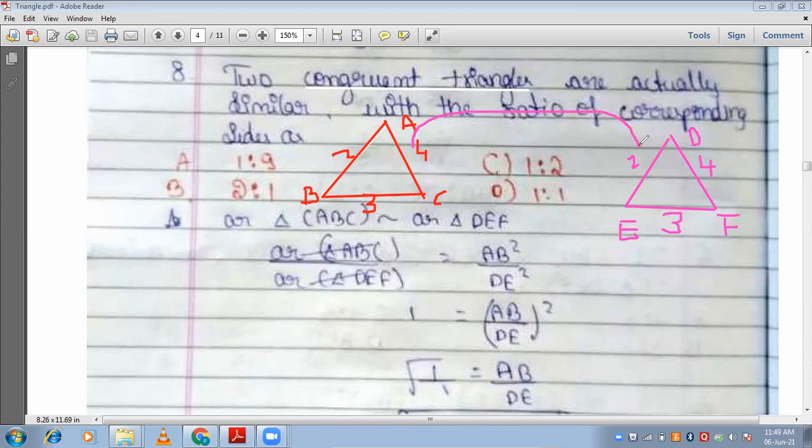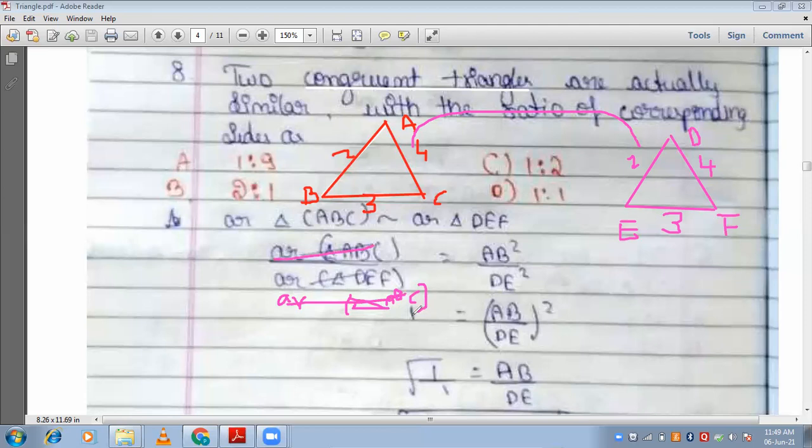So if sides are equal, then you will get area. Area of triangle ABC is also equal to area of triangle DEF. Now, in this place, you can write area of triangle ABC. So both numerator and denominator get cancelled.